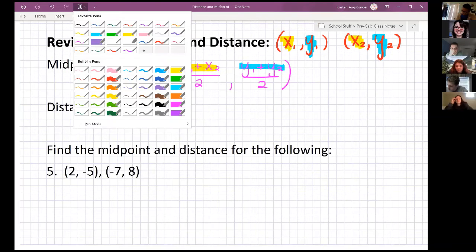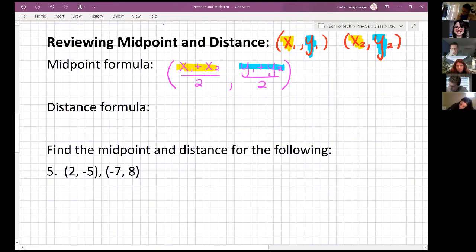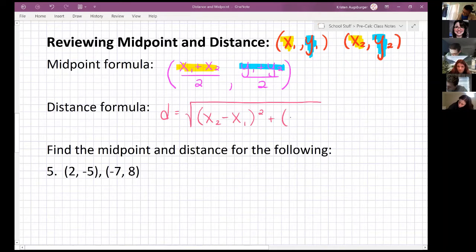Does anybody remember the distance formula? You know it, Kyle? Go for it. Is it in a square root, and it's x2 minus x1 squared plus y2 minus y1 squared. Beautiful.